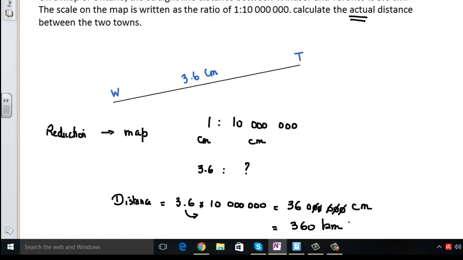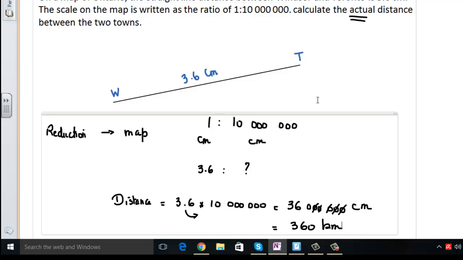If I am driving, let's say, with a speed of 100 kilometers per hour, it's going to take approximately 3 hours and a half or 3 hours and 45 minutes, something close to this time. And this is how we can find the real distance when I'm using a scale on a map.